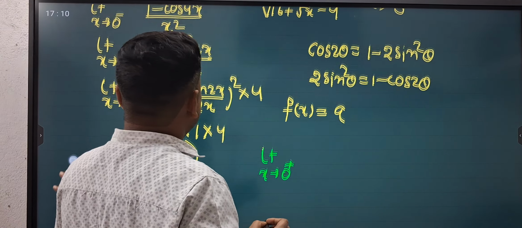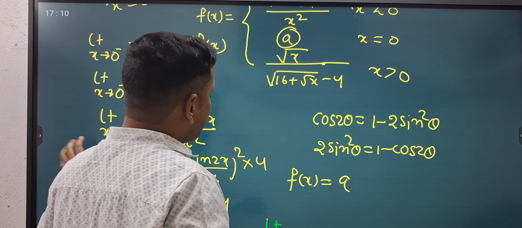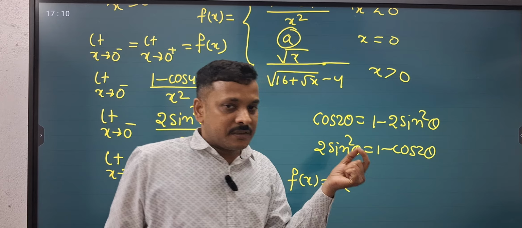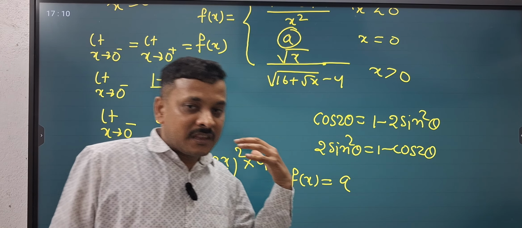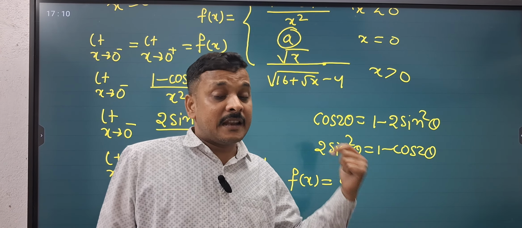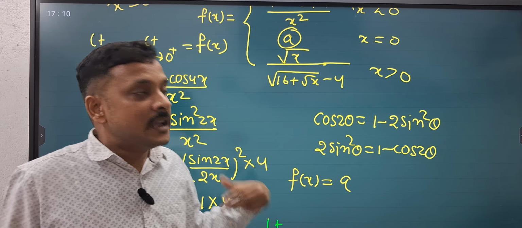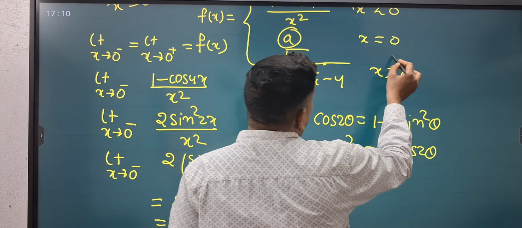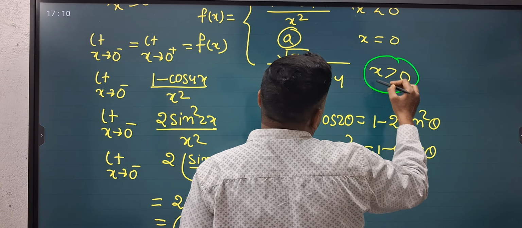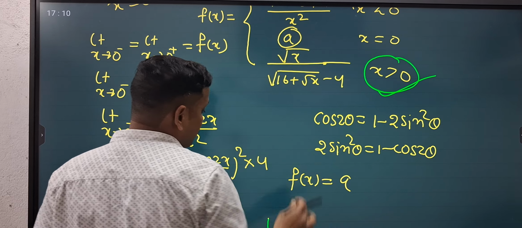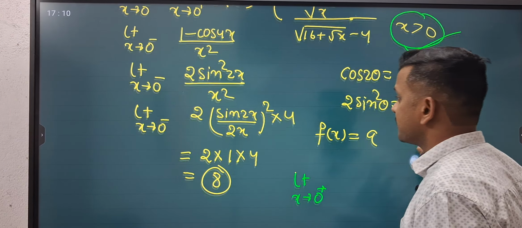For RHL limit, which function will you take? RHL limit means the value of x is slightly greater than 0. So for that, I have to take this function.